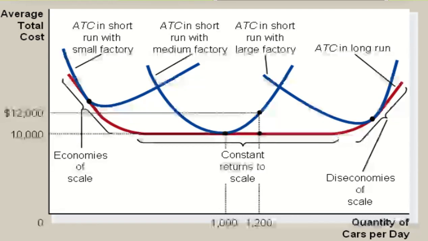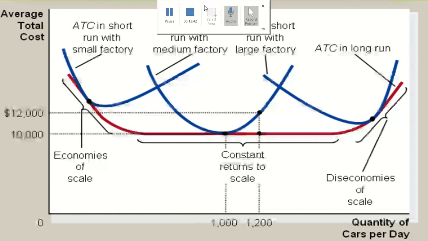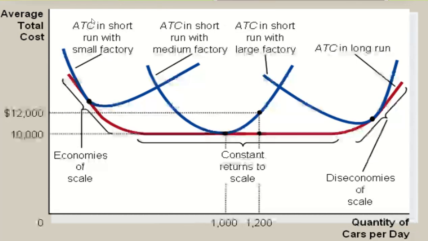So again, we have three different short-run average total cost curves, and we get the long-run average total cost curve by the combination of minimum points of short-run average total cost curves. These ones.